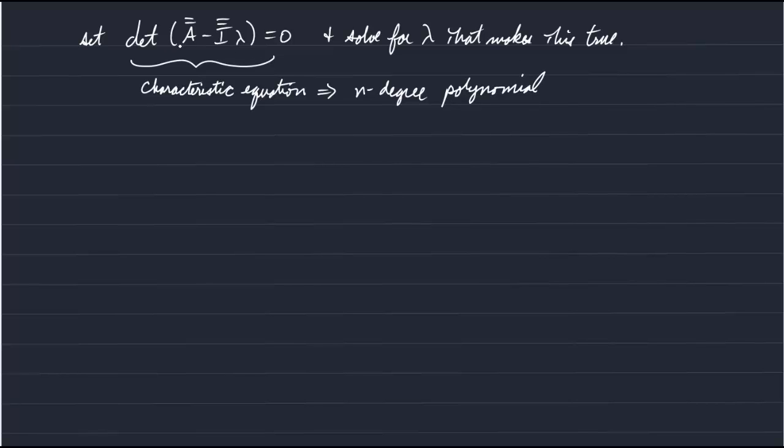A determinant of this form is an n degree polynomial of lambda, and thus lambda will have n roots, that is n possible solutions.